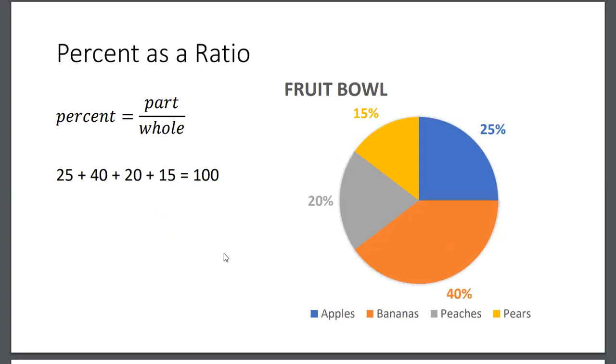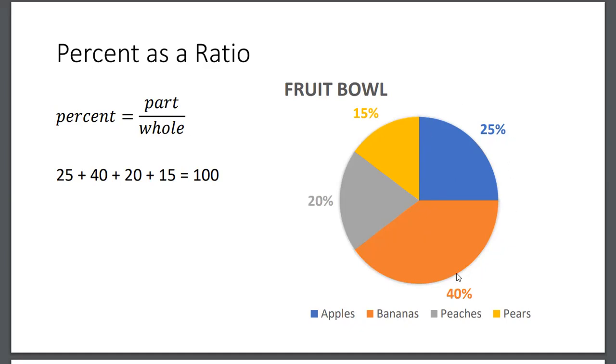Percent as a ratio. Percent is a part to the whole. That's the key idea here. For example, look at this fruit bowl. 25% apples, bananas 40%, peaches are 20%, pears are 15%.